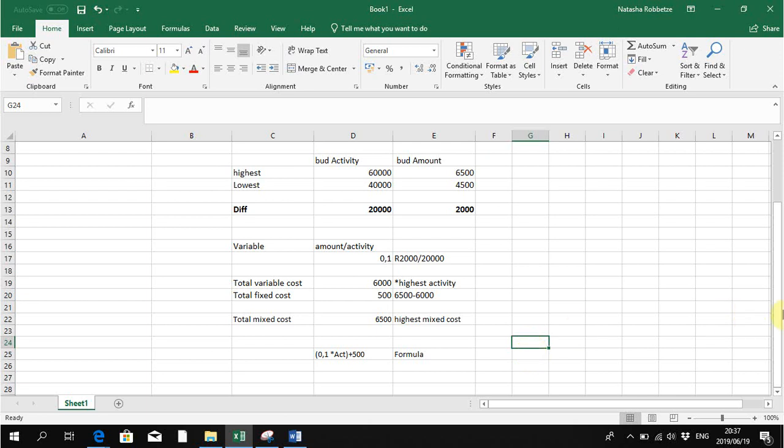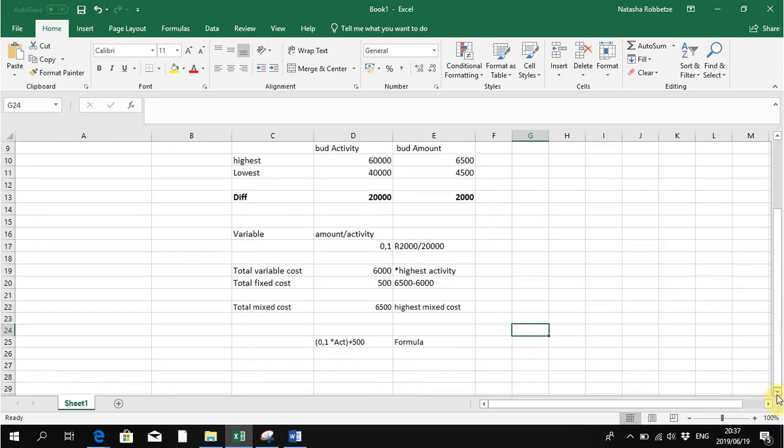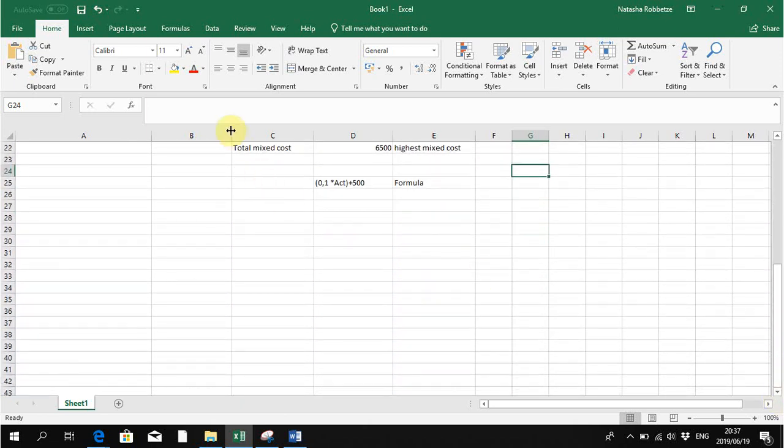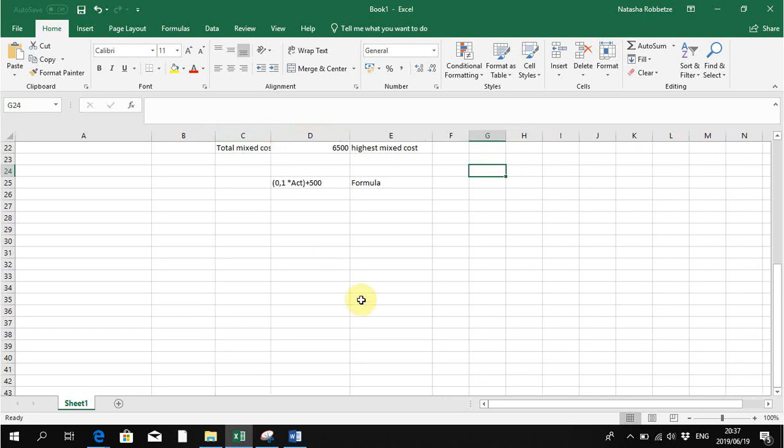Right, so now let's approach or let's try the performance report. So in a performance report, what I like to do is, even though it is not per se part of the layout given, I like to leave spaces just for calculations. So this will be my calculation for variable cost. This will be my calc for fixed cost.